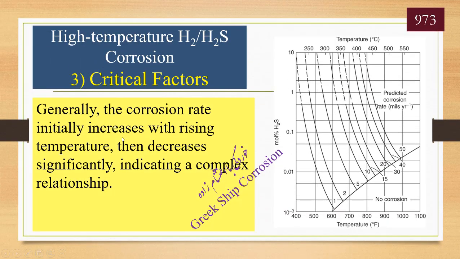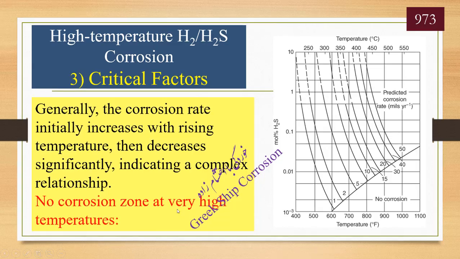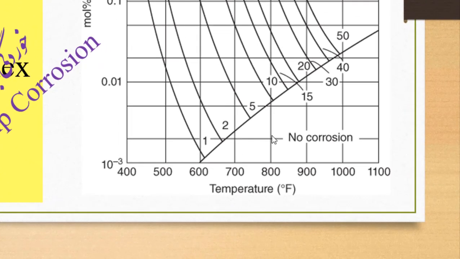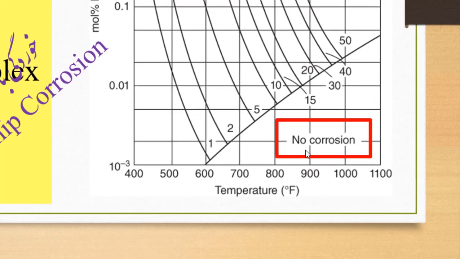Generally, the corrosion rate initially increases with rising temperature, then decreases significantly, indicating a complex relationship. No corrosion zone at very high temperatures can be seen here.